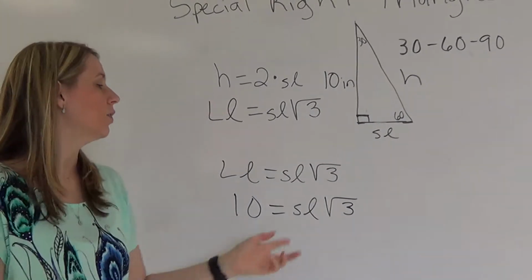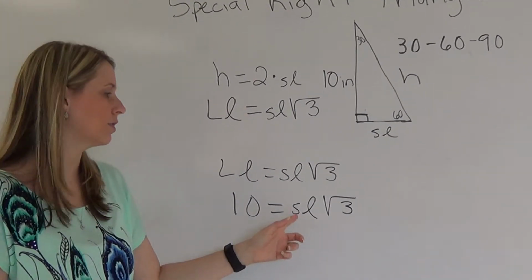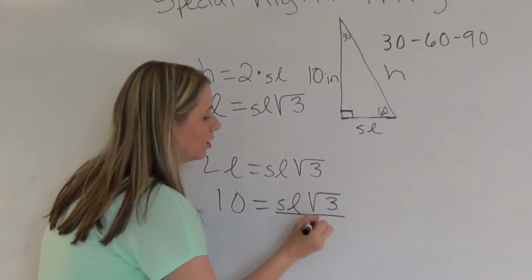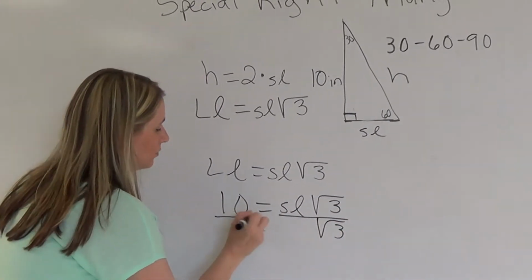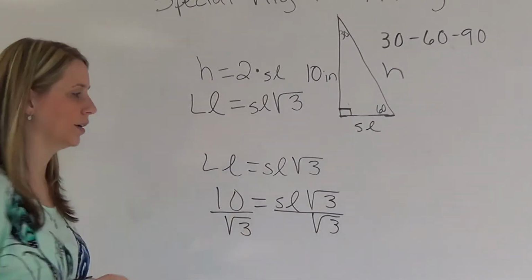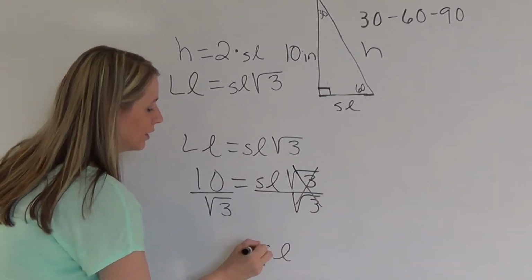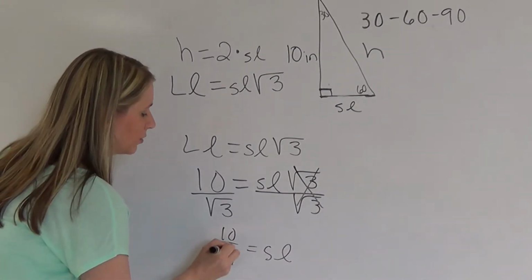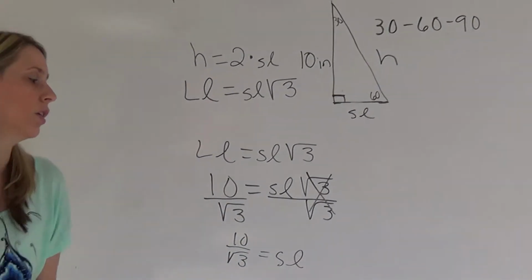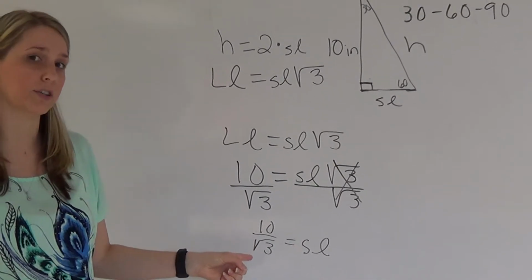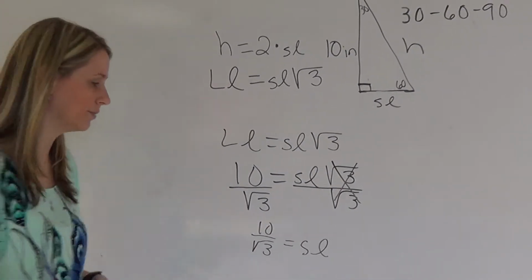Now again, we need to simplify for this. That's the shorter leg times the square root of 3, so we need to divide by the square root of 3. Okay? Over here, they cancel out. And we get the shorter leg is equal to 10 divided by the square root of 3. Now, as we learned in our last video, you can't leave a radical in the denominator, so what we have to do is rationalize.